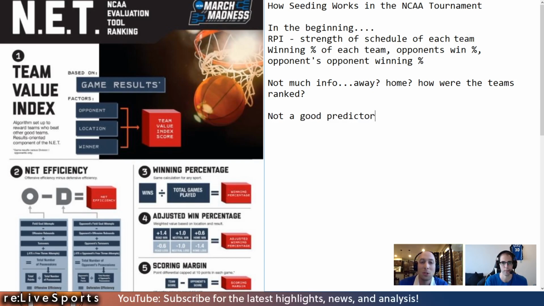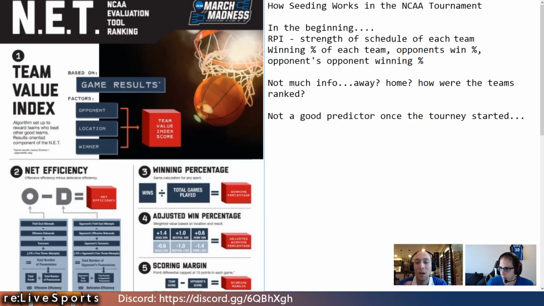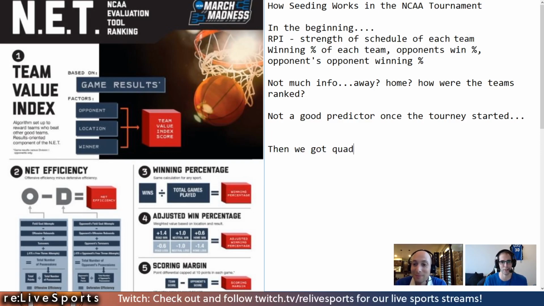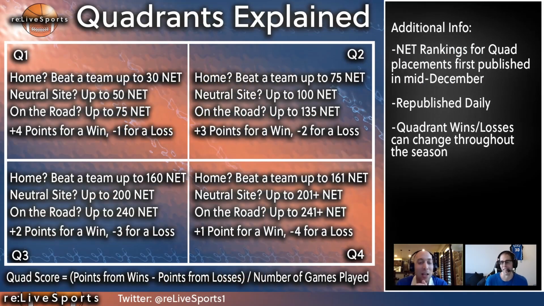So that started some conversations, and a lot of the talking heads were pretty angry at teams that were getting left out come March, and that spurred the committee to add what is called the quadrant system, which we're going to go over next. So then we got quadrants. Yes, we got quadrants. This is the NCAA's method of objectively quantifying the quality of a team's wins or losses based on their opponent and where it is played.